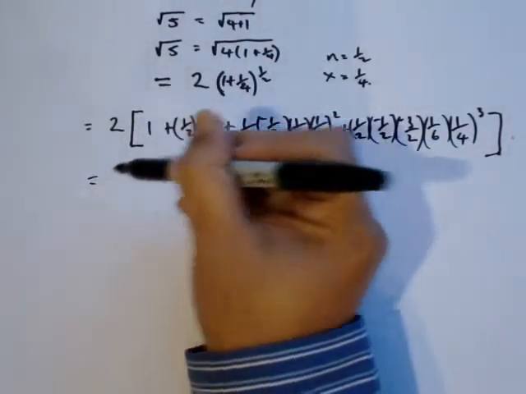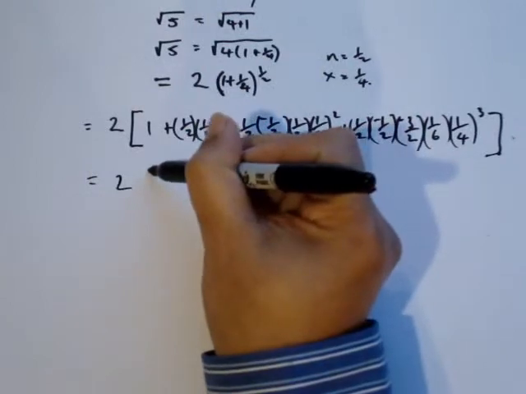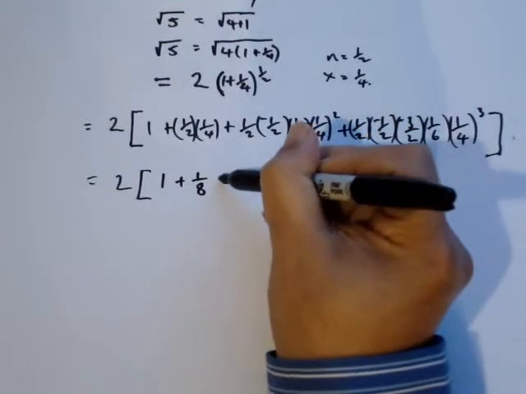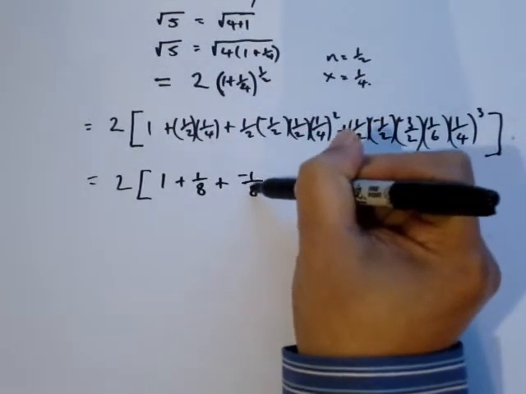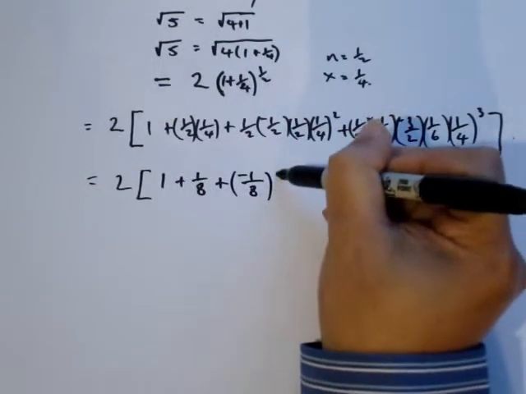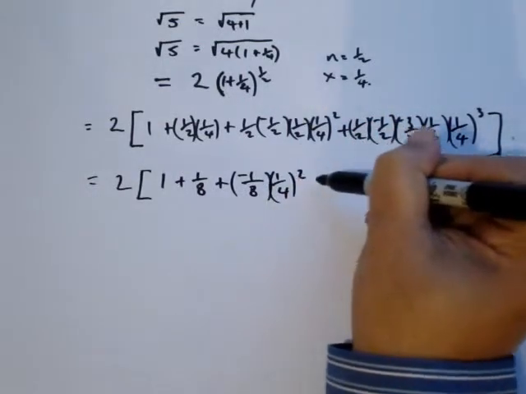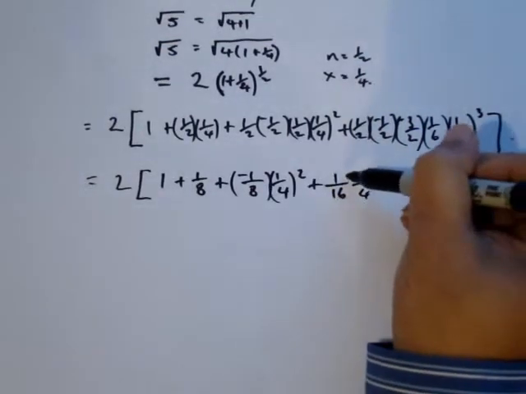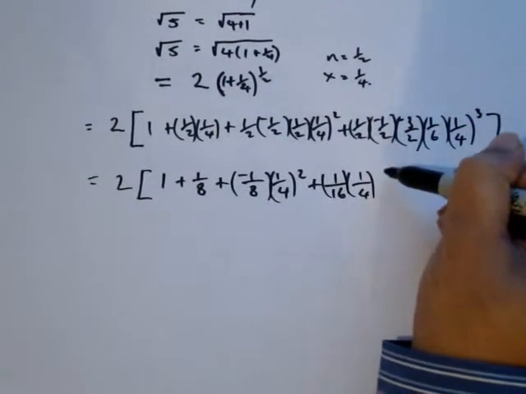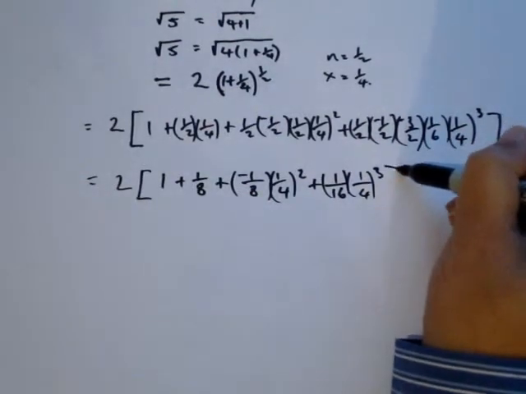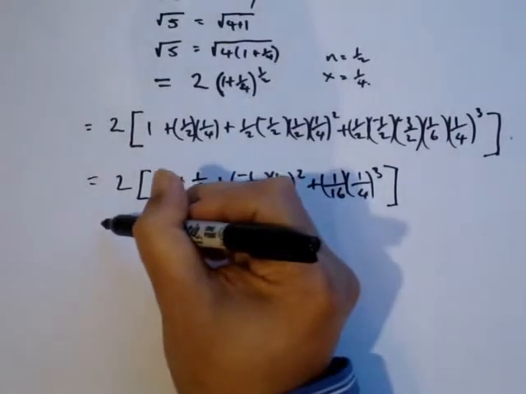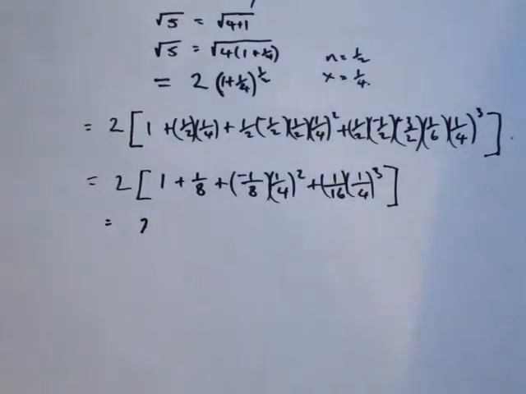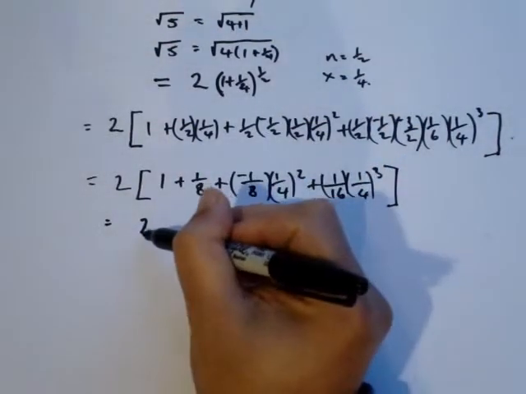So when we work it out, this becomes 2 times (1 plus 1/8 plus minus 1/8 times a quarter squared, plus 1 over 16 times a quarter cubed). When we work this out, we multiply through by 2 as well.